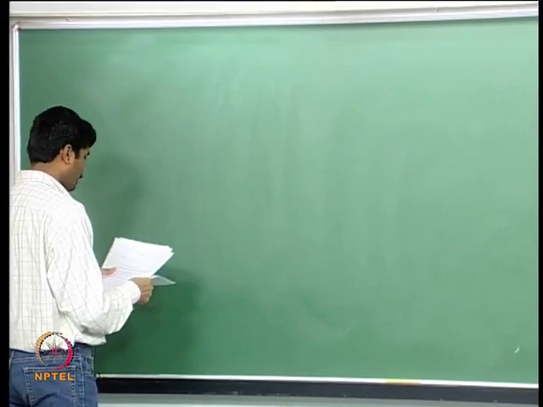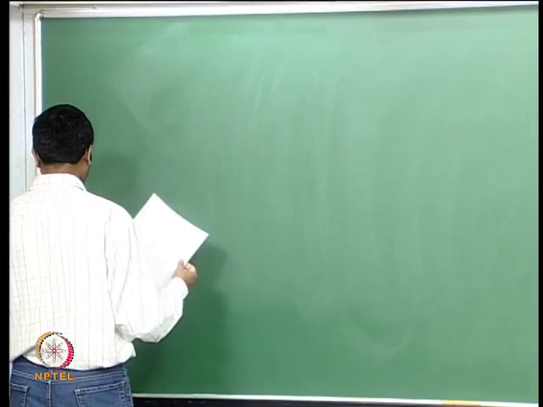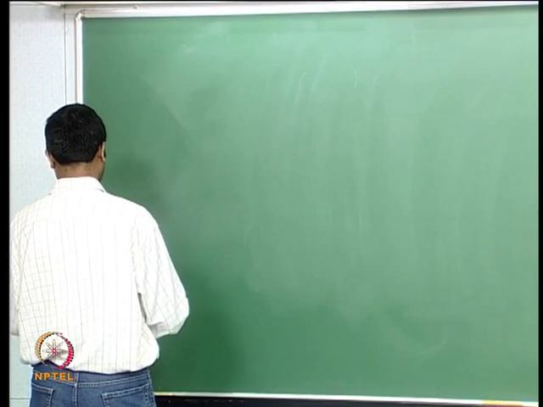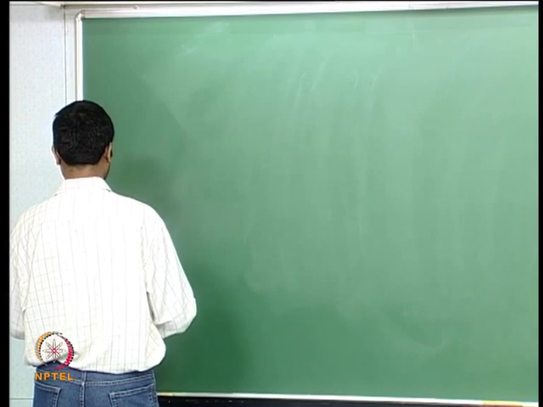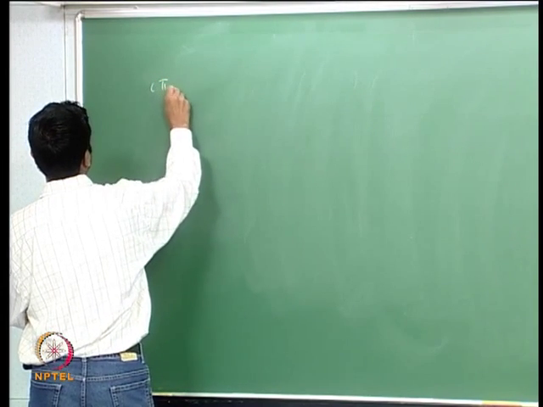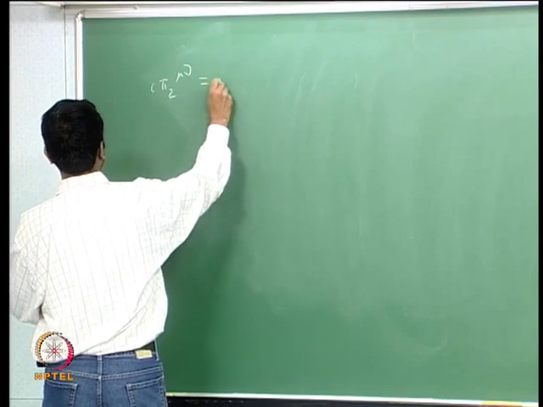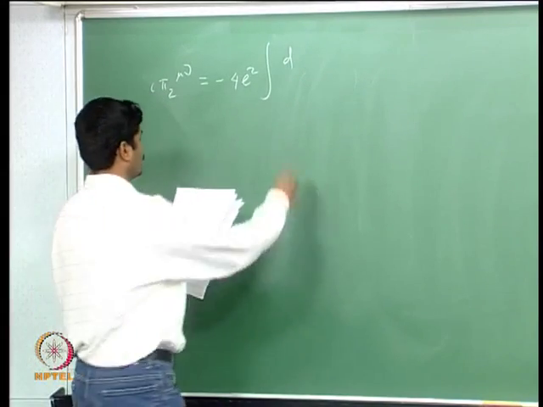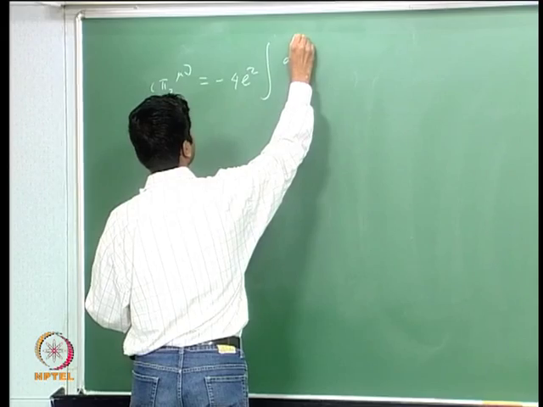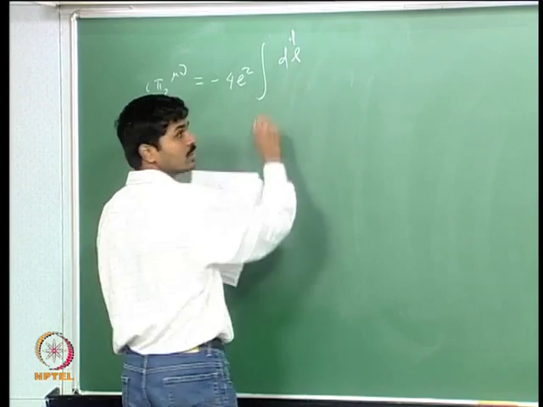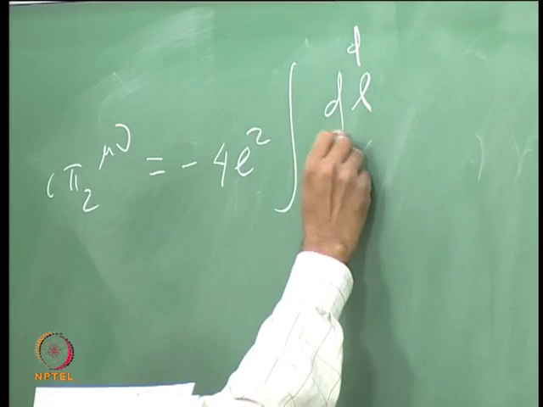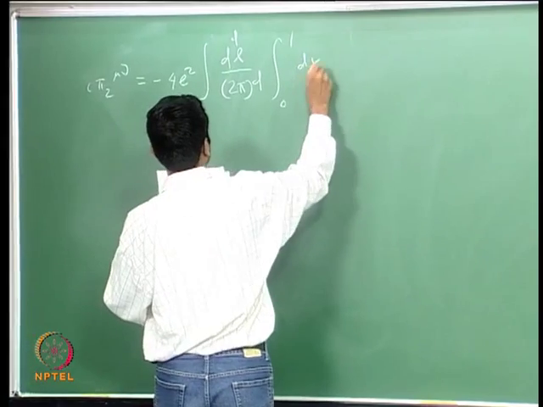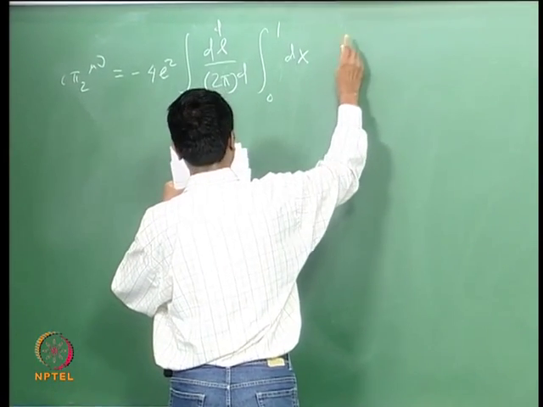So, what we will do is that for pi 2 mu nu, we will take this expression: i pi 2 mu nu is minus 4 e square. Instead of evaluating the integration in 4 dimensions, we evaluate it in d dimensions. So, this is the integral d^d L divided by (2 pi)^d and 0 to 1 dx. We have already evaluated this expression here.